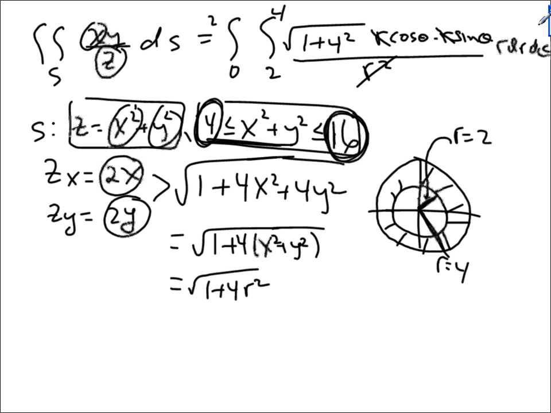But the angle, it goes all the way around the circle. For example, it is not just this quarter here. It's not just the part in there. Then the angle would only go from 0 to pi over 4.